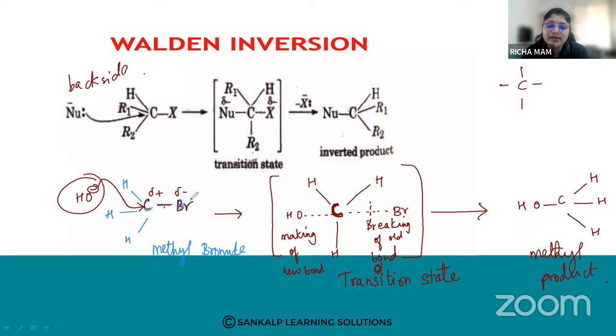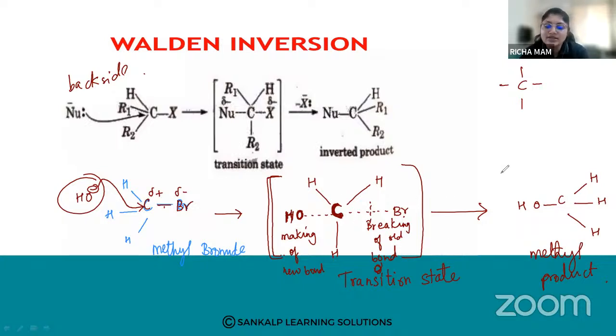So that the leaving group leaves, and it will undergo a transition state, forming the new C-OH bond while partially breaking the C-Br bond. This transition state is an unstable state. Why? Because carbon is in its pentavalency.